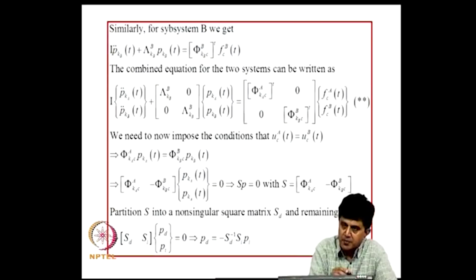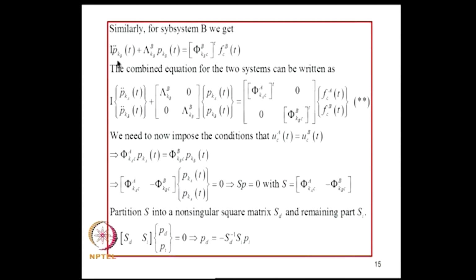Similarly, for subsystem B, using the same logic, I will get this equation. So, just to emphasize, this capital lambda is the natural frequencies of subsystem B and the interface is kept free, and this is the corresponding modal matrix. Now, the combined equation for the two systems is written in this form.